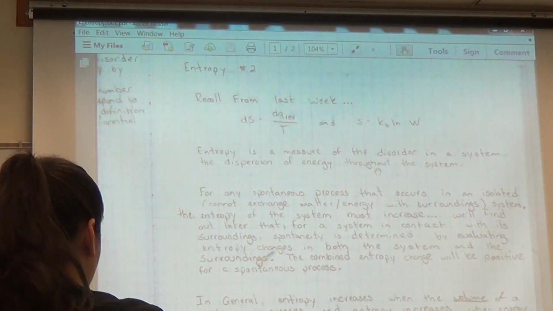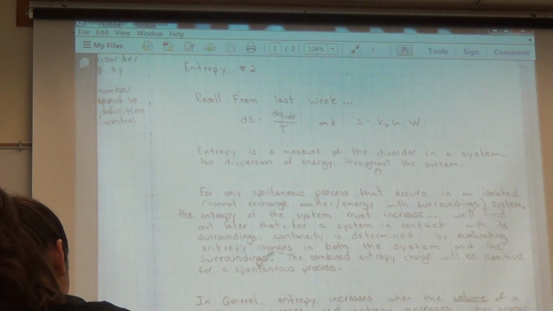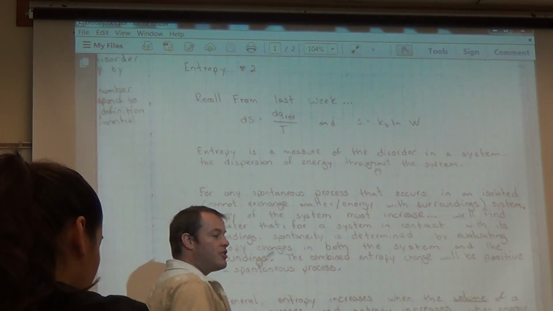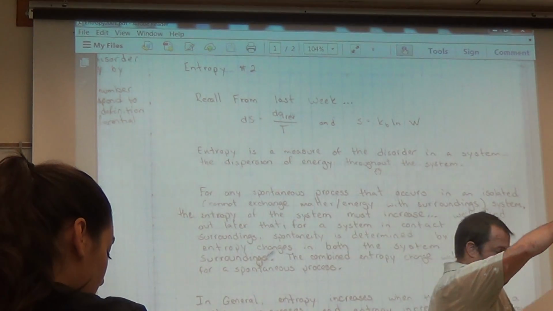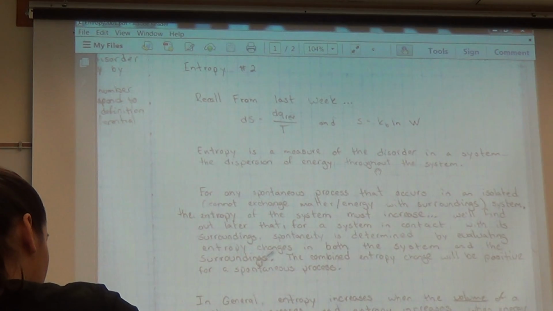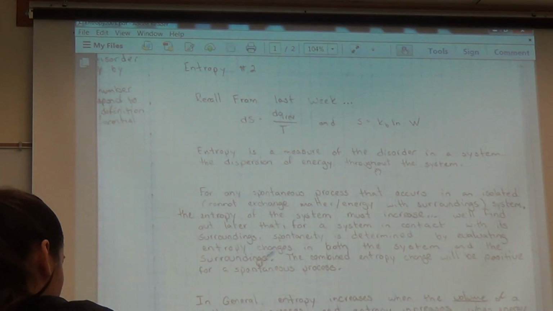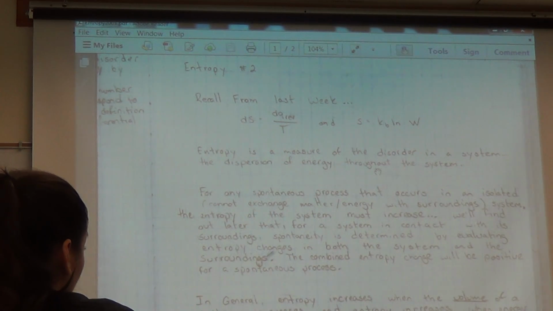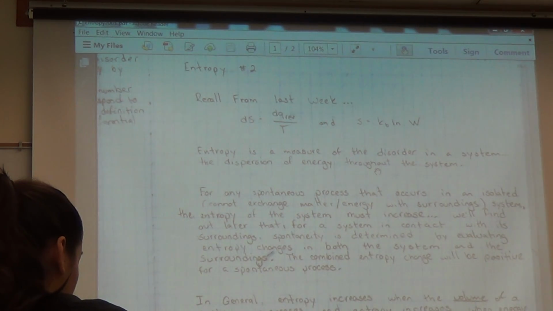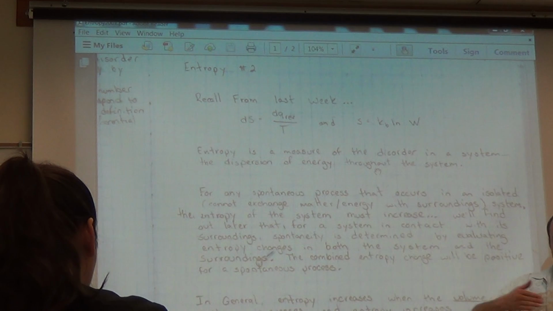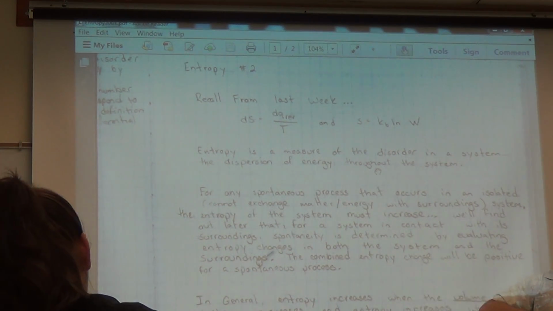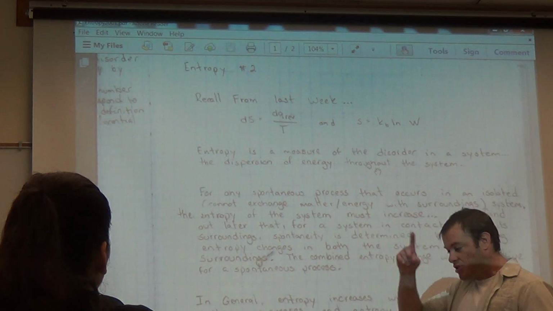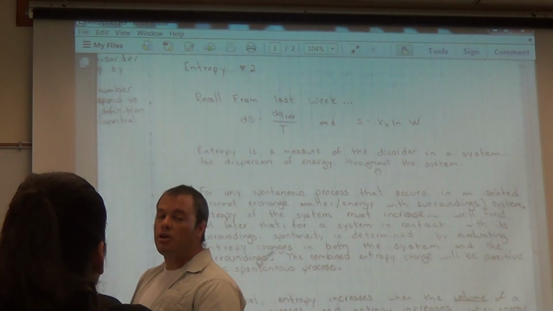So last week we looked at the Carnot cycle, and we showed that people who were doing calculations found out that as you trace that Carnot cycle in a full loop, the ratio of Q over T traced along the cycle, so the heat leaving or entering at any stage in the cycle divided by the temperature at which that heat is transferred, the sum of that around the cycle ends up being 0.